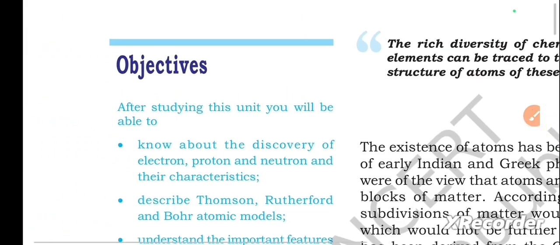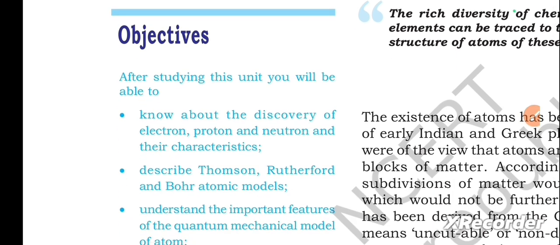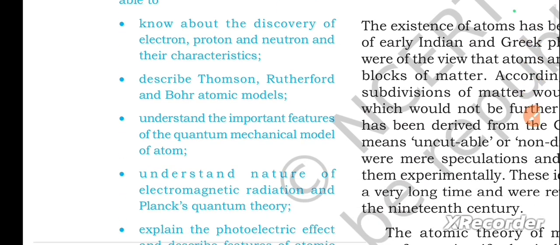First, let us see the objectives of this unit. After studying this unit, you will be able to know about the discovery of electron, proton and neutron and their characteristics. Describe Thomson, Rutherford and Bohr atomic models. Understand the important features of the quantum mechanical model of atom. Understand nature of electromagnetic radiation and Planck's quantum theory.